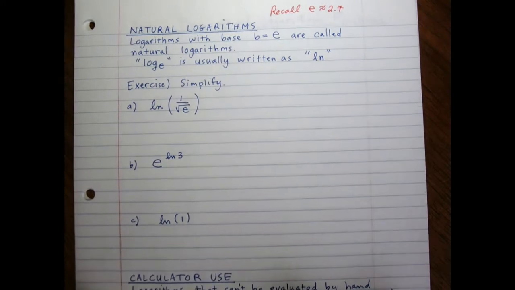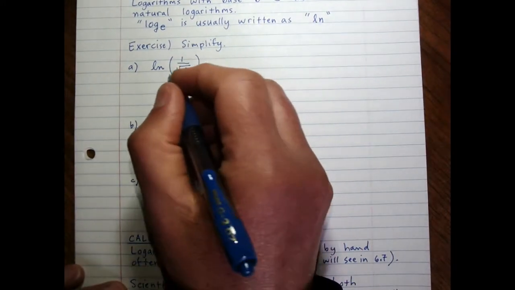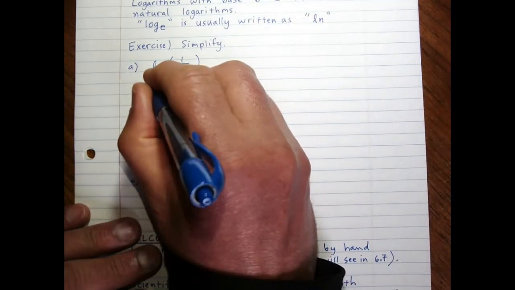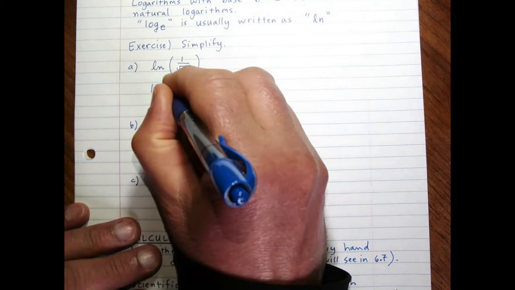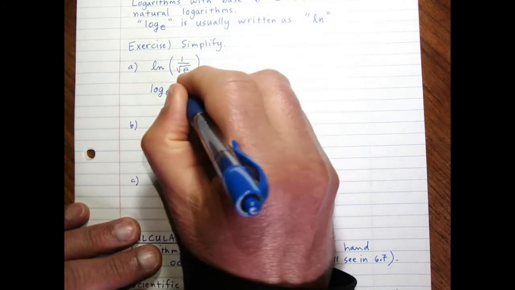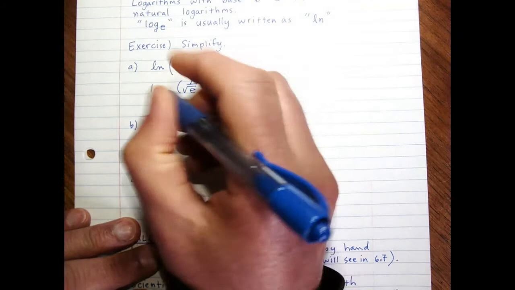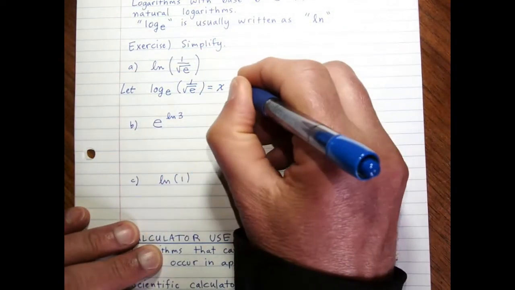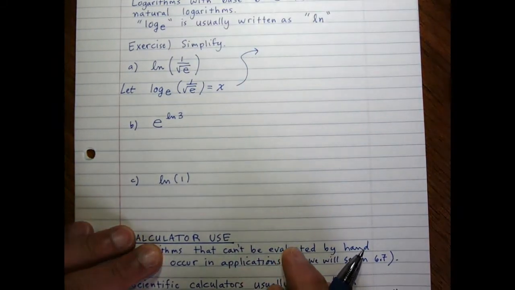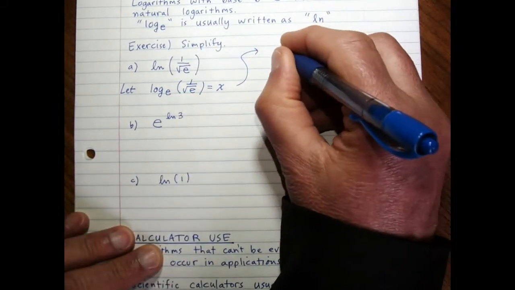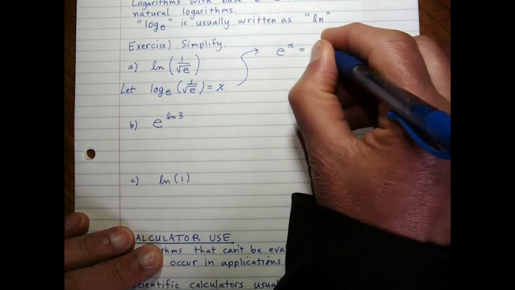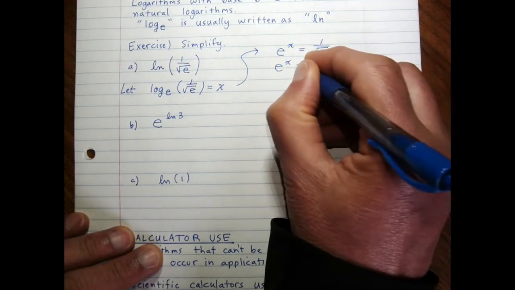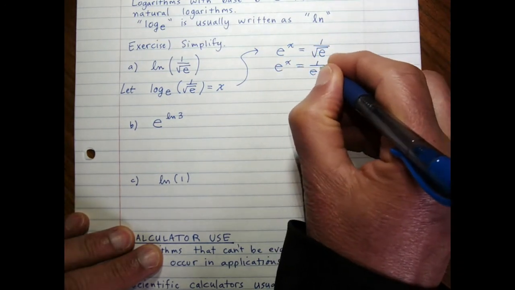So let's do some problems here where we simplify. Ln of 1 over the square root of e. So that means log base e of 1 over the square root of e. I'm going to let that be equal to x, so I can rewrite as exponential. E to the x power then is equal to 1 over the square root of e. E to the x is equal to, that's 1 over e to the 1/2.